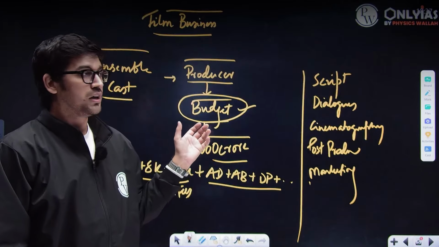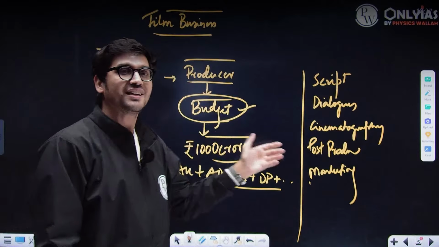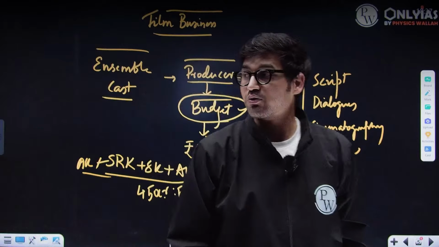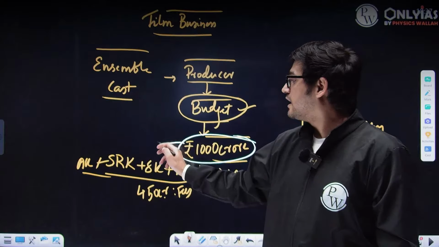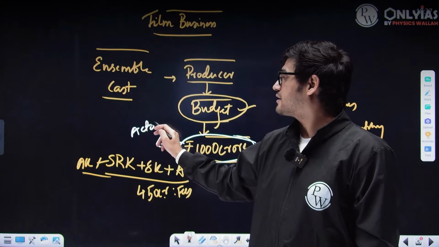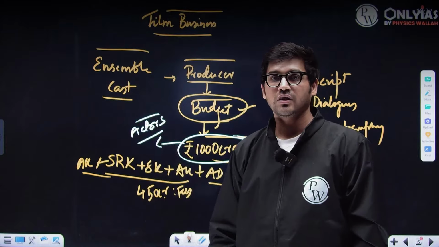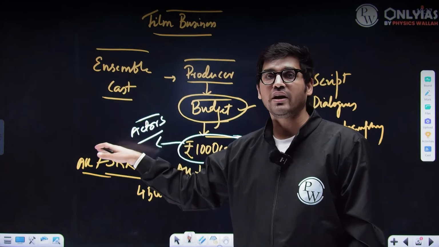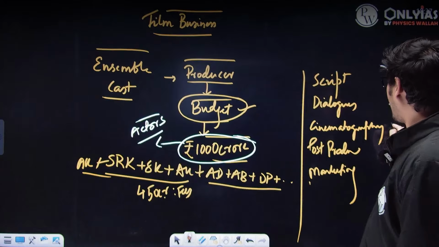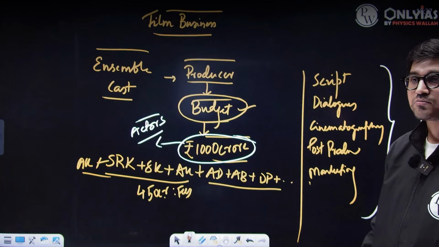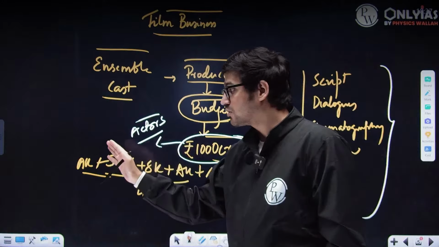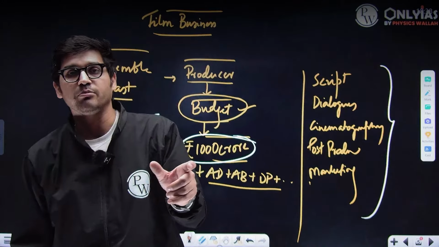businesses, the movie producer has to think and decide that if he is working with a budget of 1,000 crore rupees, how much money has to be spent on actors. Because the more money you spend on actors, the less money you will have to do all the remaining things. So how much money has to be going to the actors, which actors have to be selected?